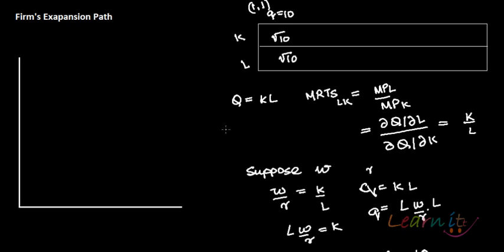And in case you want to find the isocost line, C is equal to WL plus RK.